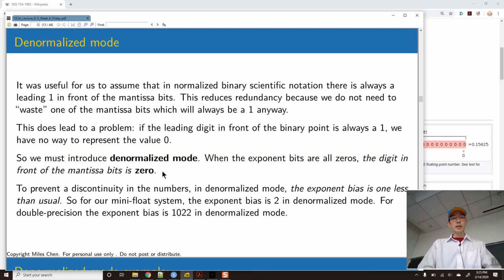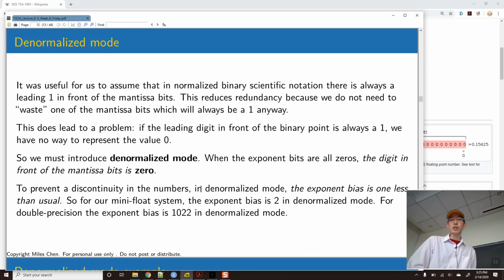And then to prevent a discontinuity in the numbers, the exponent bias is going to be 1 less than normal. So for a mini float, our exponent bias is normally 3, but in denormalized mode, our exponent bias is 1 less than normal, so we have 2. In the double precision, our exponent bias is 1023, but in denormalized mode, it's 1 less than normal. It's going to be 1022.